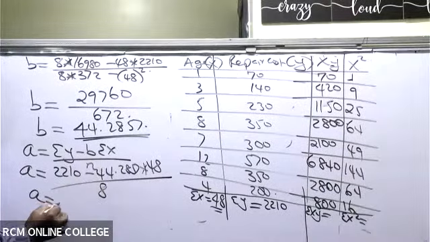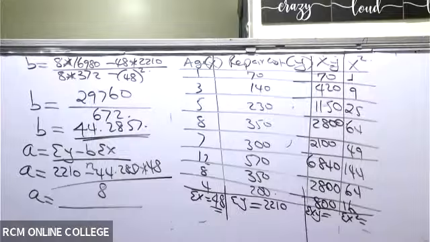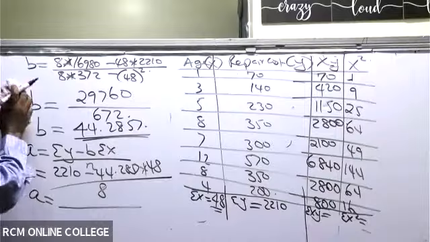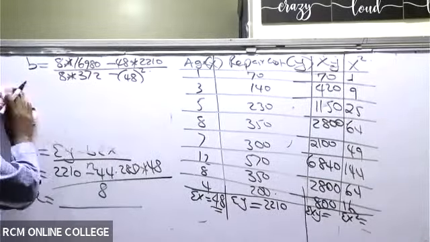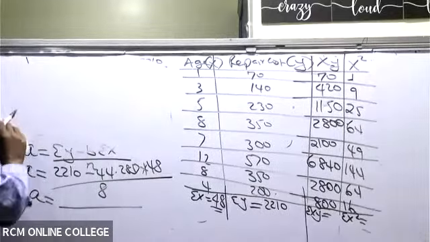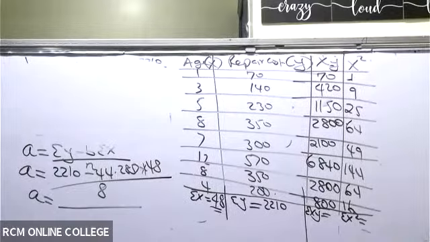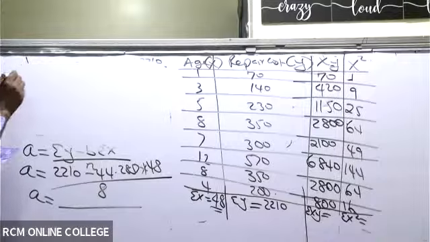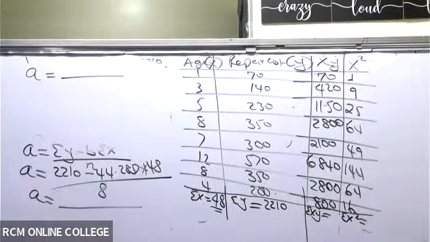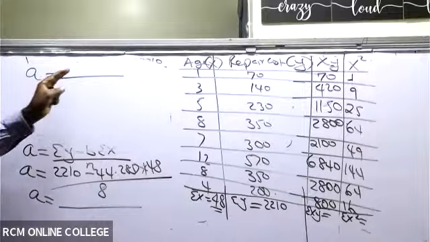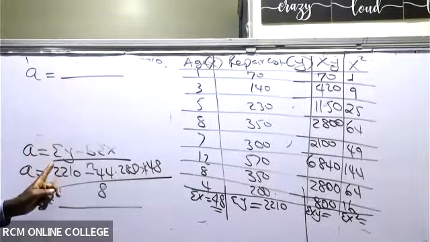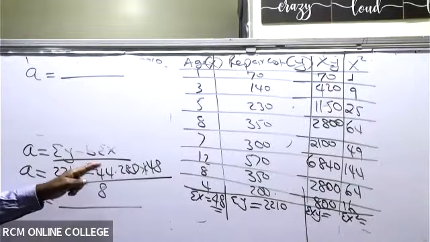Again, go slowly and give me the numerator. Is there somebody who is able to give me the numerator for getting the value of A? To get the numerator, we are taking 2210 minus 44.2857 times 48.